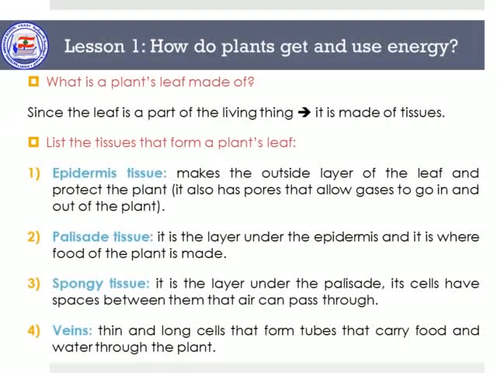The spongy tissue is the group of cells that are under the palisade, and the cells that form this tissue have spaces between them, and in these spaces air can pass through. The veins are in a plant's leaf. They are formed from thin and long cells that form tubes, and these tubes carry food and water throughout the plant.